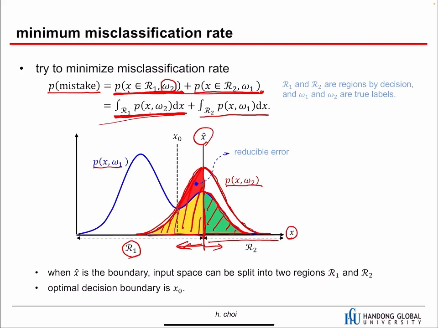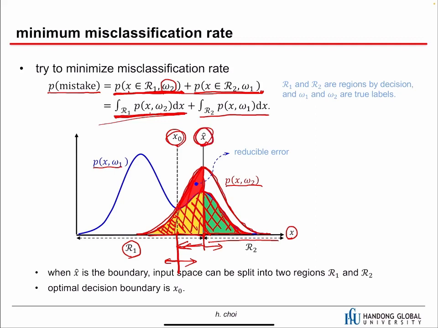But if we move this x hat toward the left side to x0, so x0 is our boundary, then this one is R1 and this one is R2. Then the misclassification rate is given by this area and this area. So this red area is a reducible error.